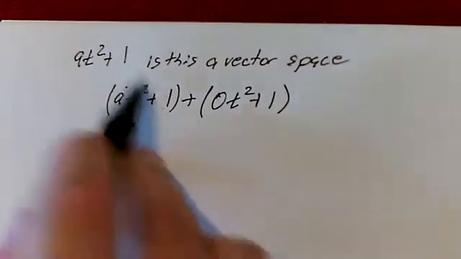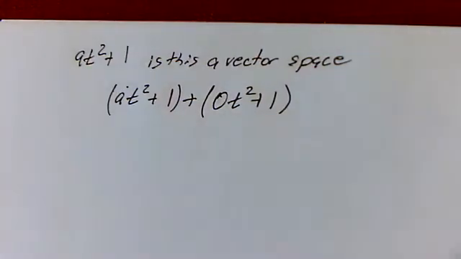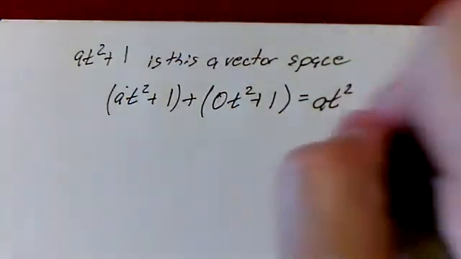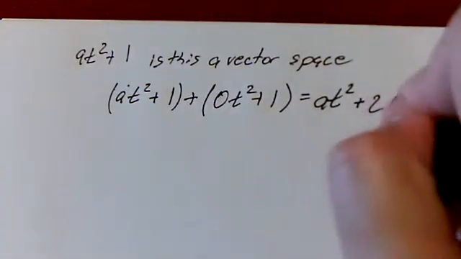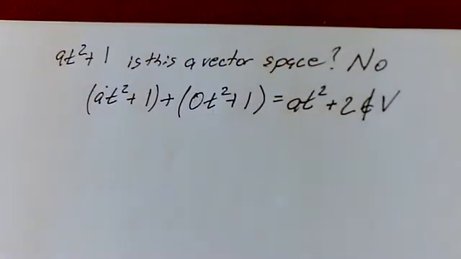Remember, in order to be in this space, you've got to have that plus 1. But when I add those, I'm going to get a t squared. That part's good, but then it's going to be plus 2. And plus 2 is not in my space V. So is this a vector space? No, because the 0 vector is not in that space. So the 0 vector is that most important condition that kills a lot of these vector spaces and messes them up.